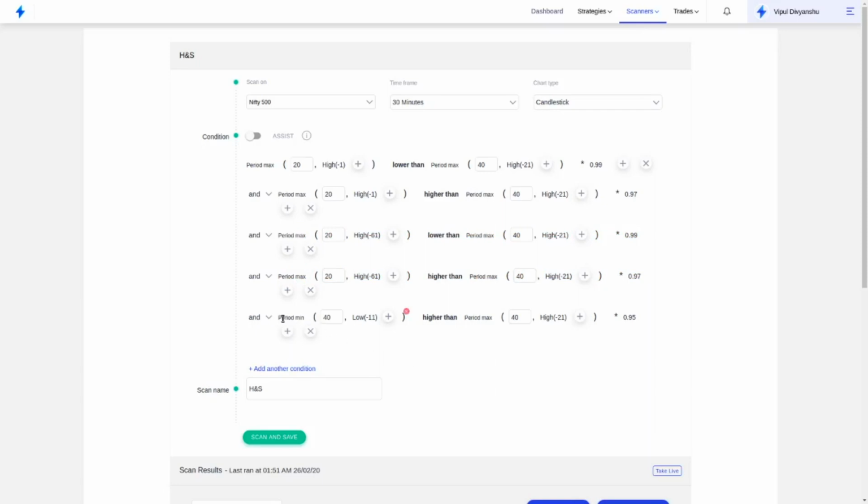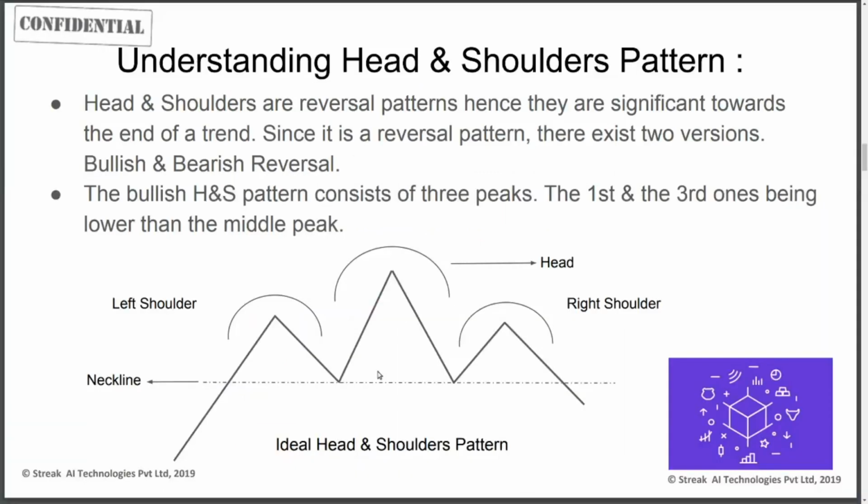Now the last one is a much more relaxed version, where we are just looking at only one bottom.